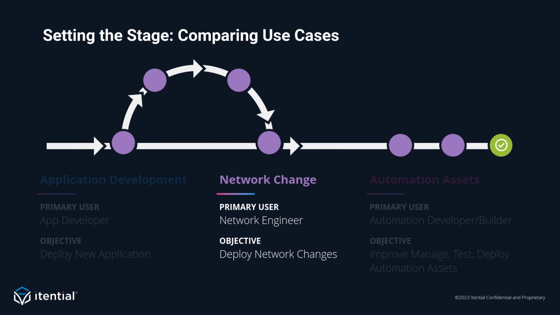Then, more recently, we started showing how a network engineer could leverage some of the same principles, some of the same process models to leverage a pipeline to get enhanced testing capability, as well as enhanced ability to deploy network changes within the context of the pipeline.